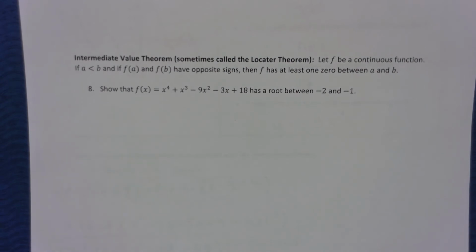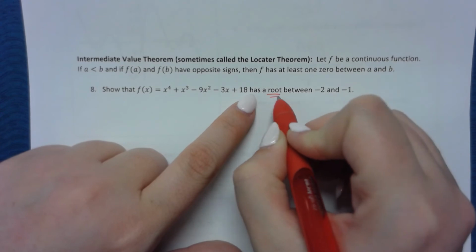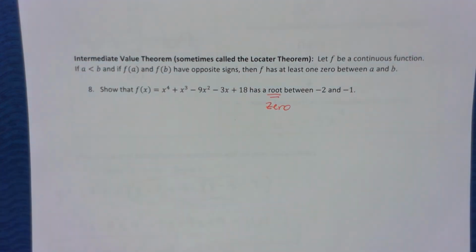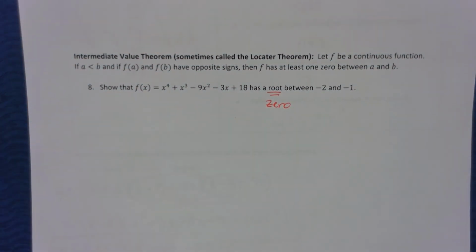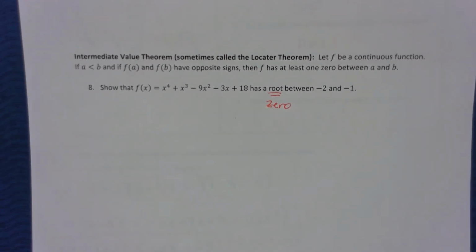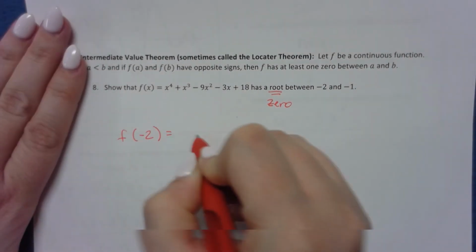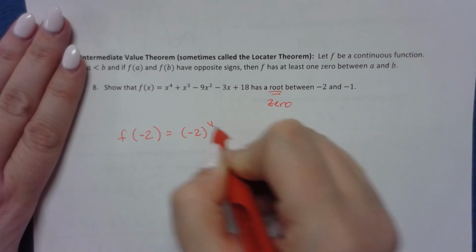The locator theorem says that if we want to know if there's a root between two numbers. Essentially what we're saying is a root, remember, is a 0. So the intermediate value theorem says if we plug in -2 and -1, we want to know if they have opposite signs. So we're going to start by plugging in -2 into the function.